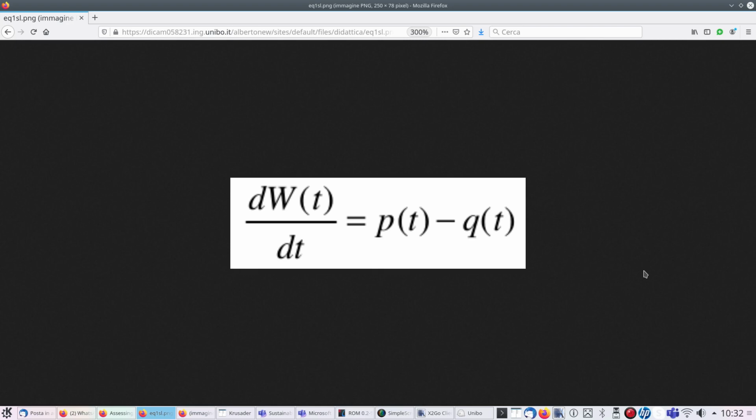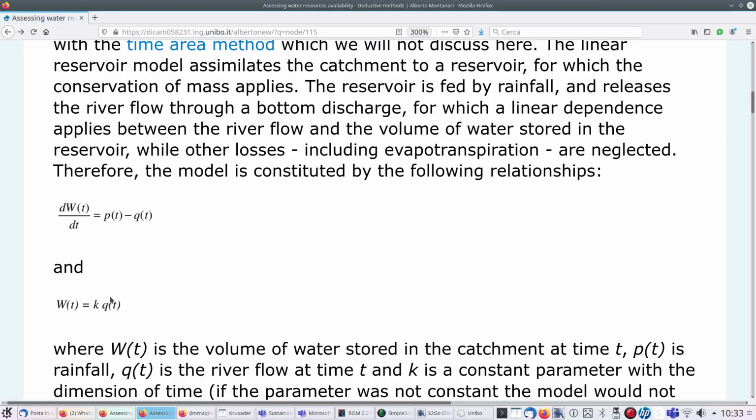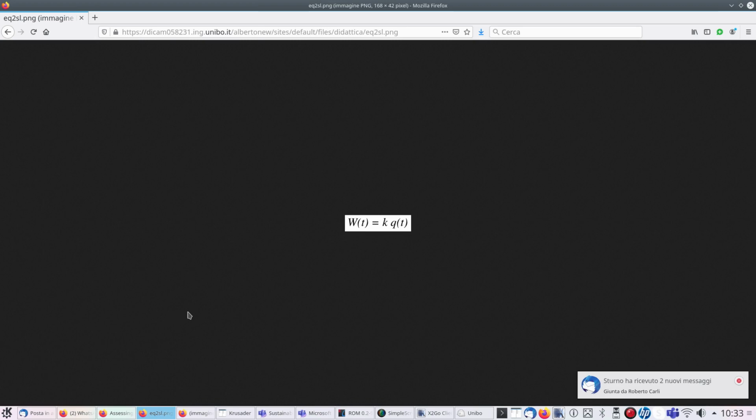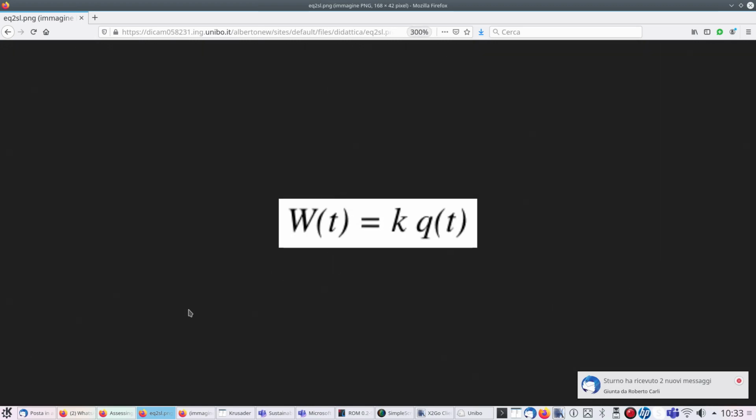The two unknowns again are river flow Q and storage W. So I have to introduce a second equation that is a relationship between storage and river flow. It can be an energy equation, or it can be empirical. So let's see what is the solution that I am suggesting, not me, the linear reservoir is suggesting. It is this solution. Let me increase the size.